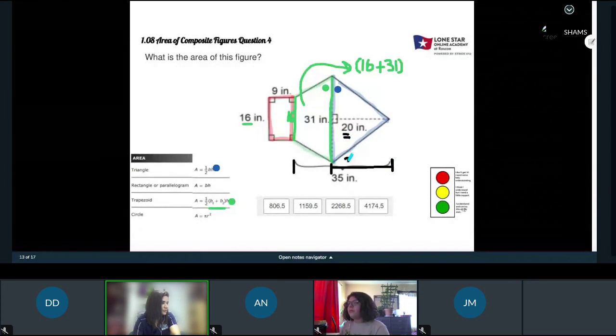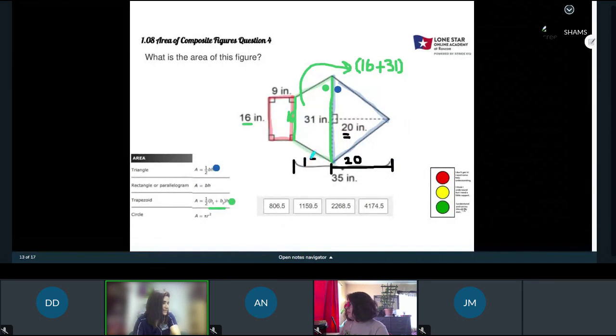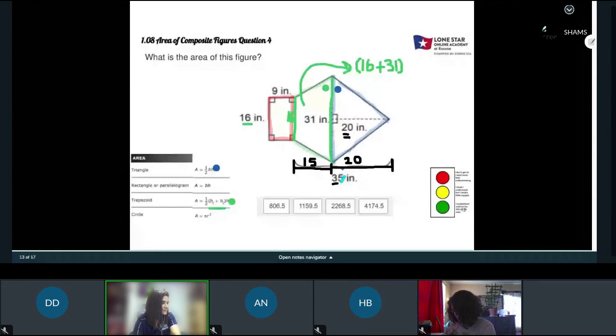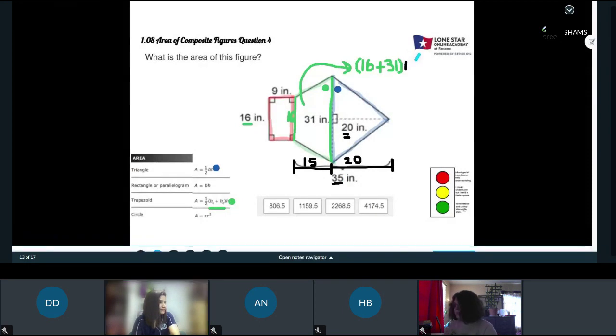So I know this part is 20. Therefore, this remaining part is supposed to be 15. Why? 15 plus 20 gives me 35. Right? 15 plus 20 gets me to 35. So I know height of the trapezoid is going to be 15.